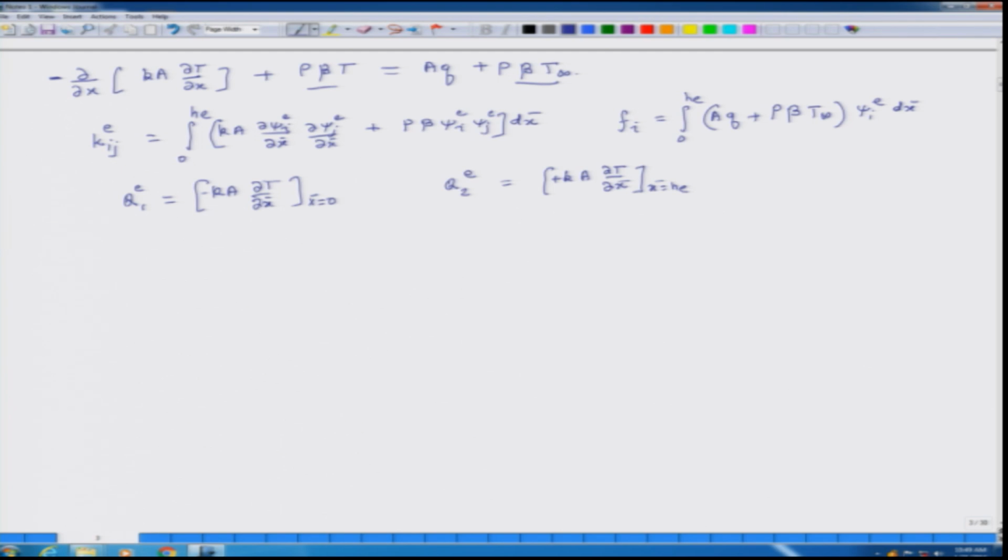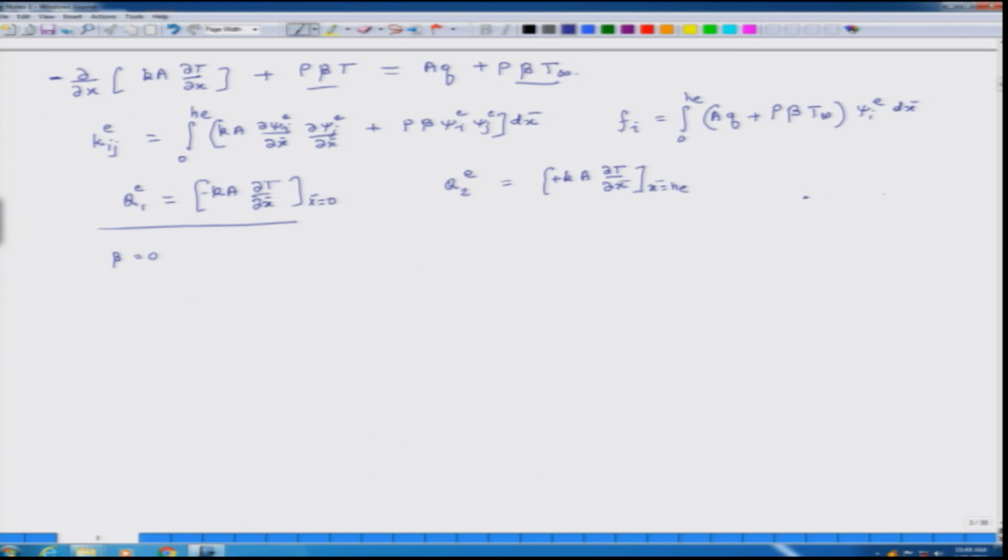And now what we will do is we will actually develop these equations, and we will have a convective boundary condition, but before we handle the convective boundary condition, we will do this problem without having the convective term. Okay. So, in that case, let us assume that beta equals 0, and then we have seen the shape functions.